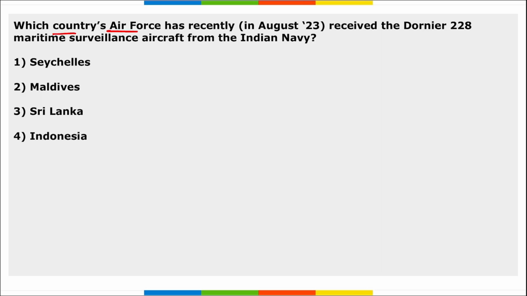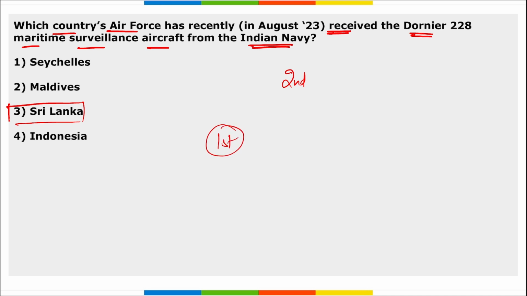Next, which country's Air Force has recently received the Dornier 228 maritime surveillance aircraft from the Indian Navy? It is Sri Lanka, correct? And this is the second Dornier 228 aircraft that was given to Sri Lanka by the Indian Navy. The first one that was presented to them is back in India for maintenance reasons, and India promised Sri Lanka that they will be providing 2 19-seater Dornier 228 maritime surveillance aircraft, and it was presented by the Indian Navy as a gift, right?